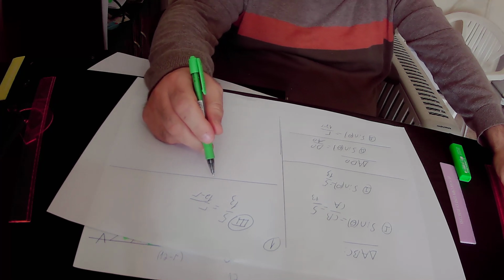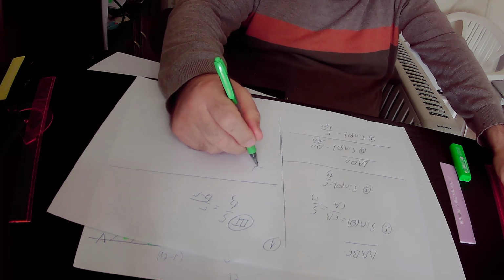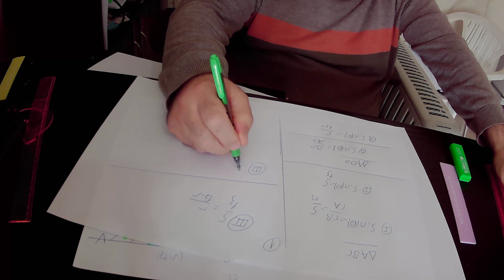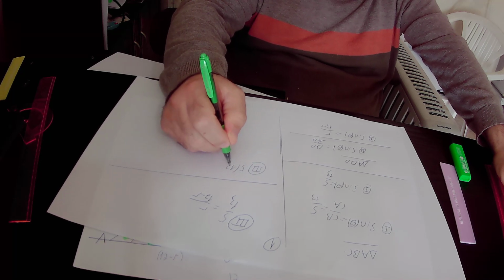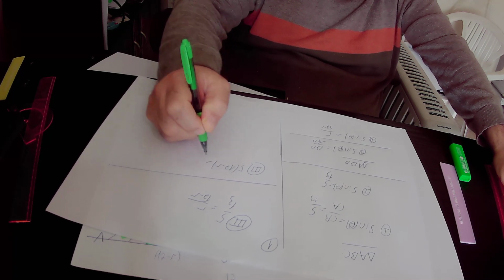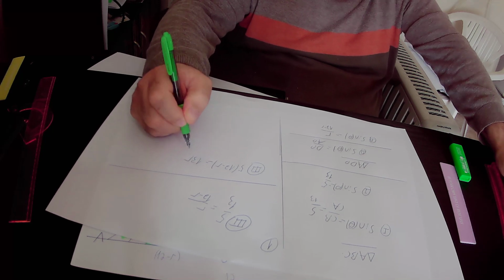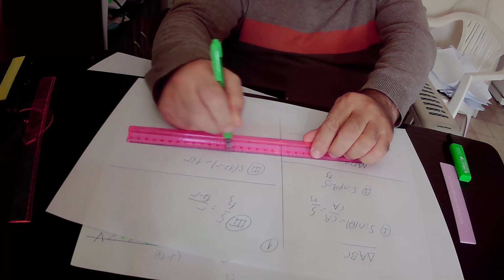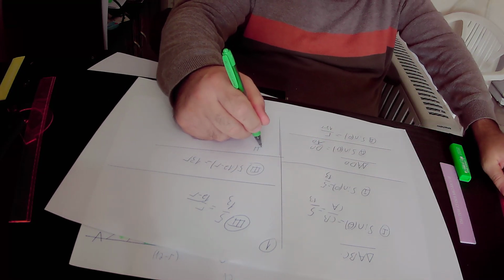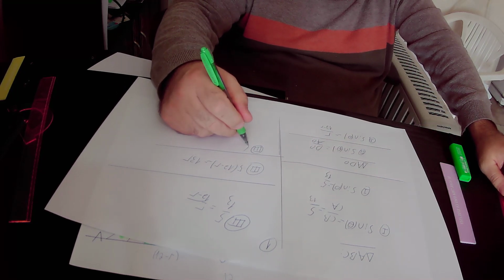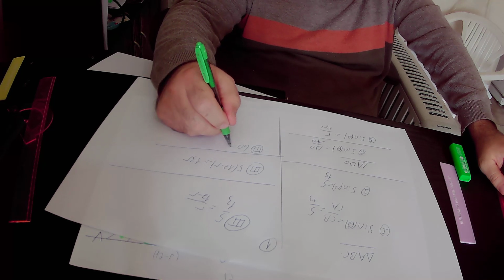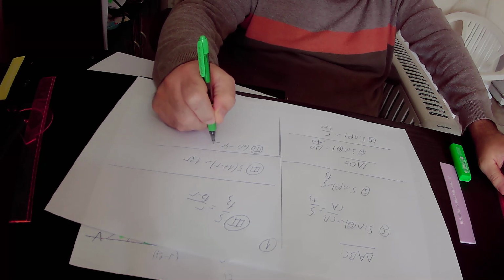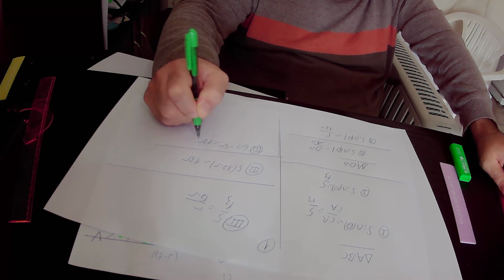We will cross multiply equation number 3 and we will get that 5 times 12 minus R equals 13R. We will open the brackets on this side and we will get that 5 times 12 is 60, 5 times minus R is minus 5R, and it equals 13R.